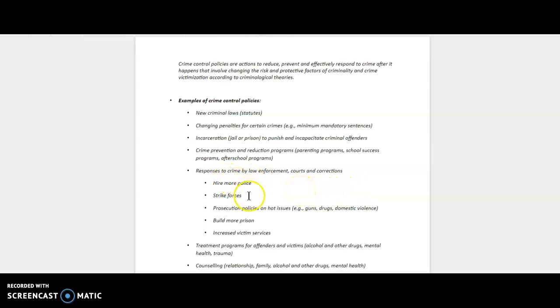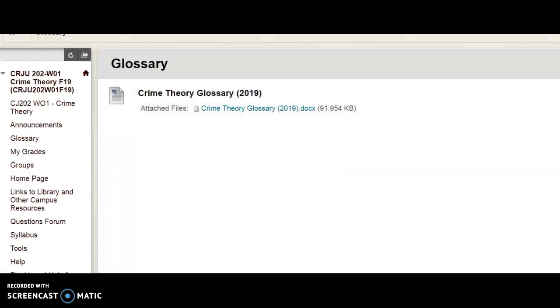Crime control policies can range from hiring more police, changes in prosecutorial policies, either to have a zero tolerance or to take a more lenient perspective on the prosecution of certain crimes. Decisions about whether to build more prisons or invest more in communities. Those are all examples of crime control policies.